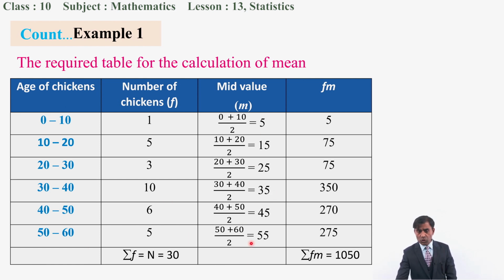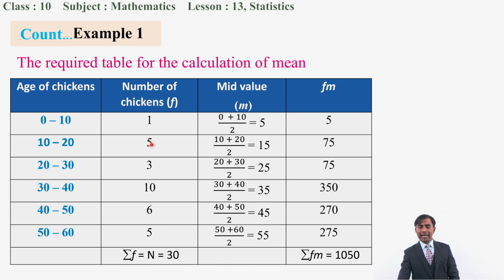And the next one, FM. What does FM mean? F multiplied with the mid value M, right? F is in the second column, mid value is in the third column. Now the corresponding frequency is multiplied with its corresponding mid value M. So 1 multiplied with 5 is 5.